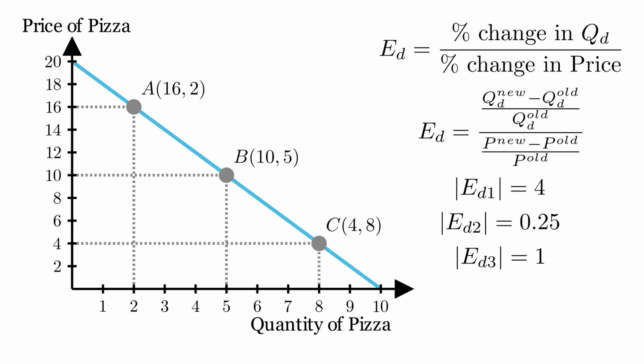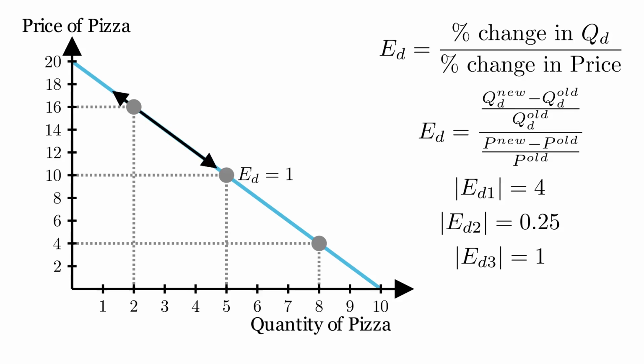We also found that elasticity between point C and point B is 0.25. This shows that even on the same linear demand curve where slope is constant, elasticity can differ from one point to another. Generally, for a downward sloping linear demand curve, elasticity is equal to 1 at the geometric midpoint.